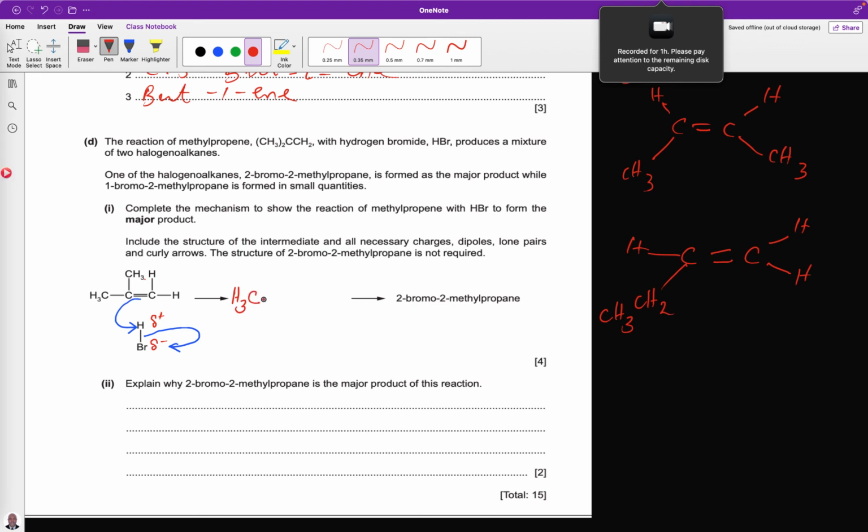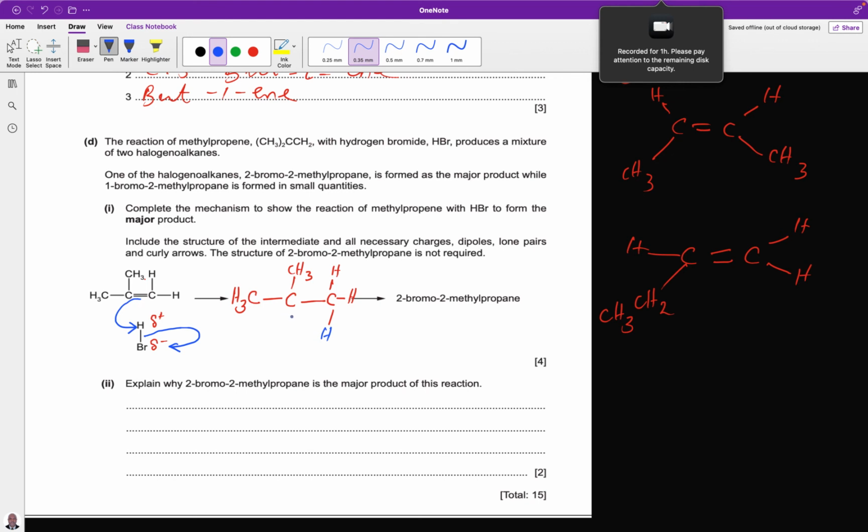This is the hydrogen that will attach itself here. And what happens?